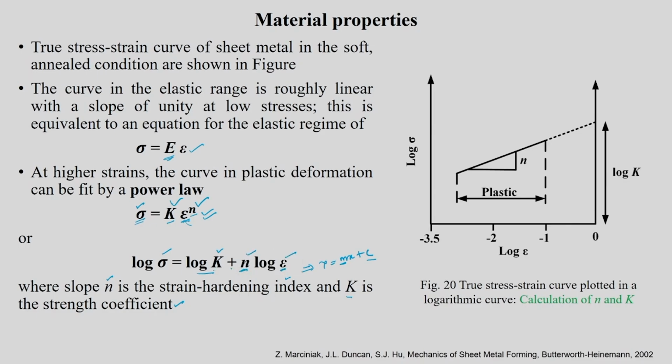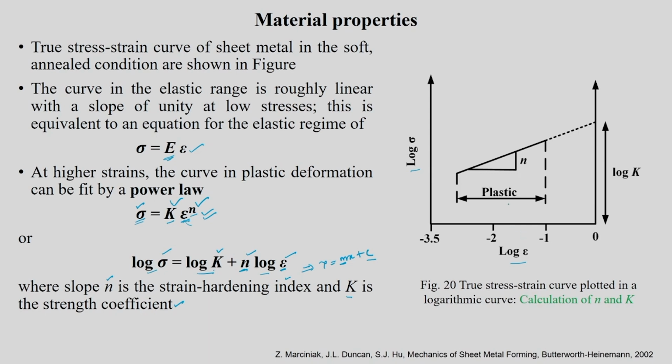So how to get this now? You have converted it into a straight line plot, where this is your y and this is your x. I am going to draw x versus y, where y is log sigma and x is log epsilon. You pick up the stress strain data only in the plastic deforming zone, that is between yield strength and UTS, and convert all that sigma epsilon data into a logarithmic plot.